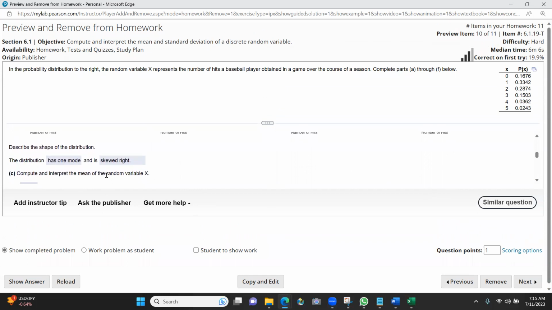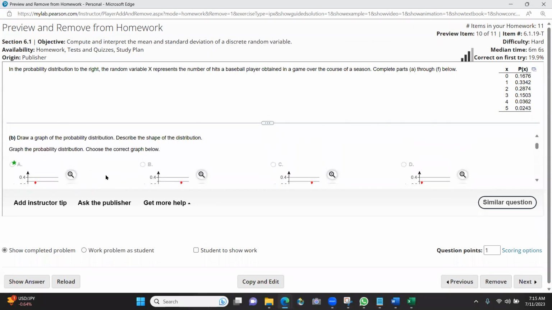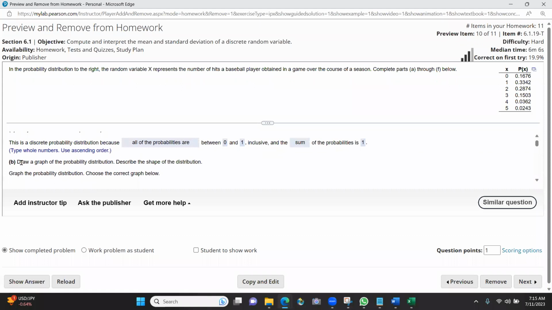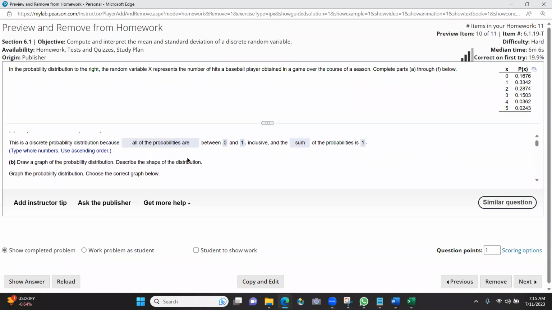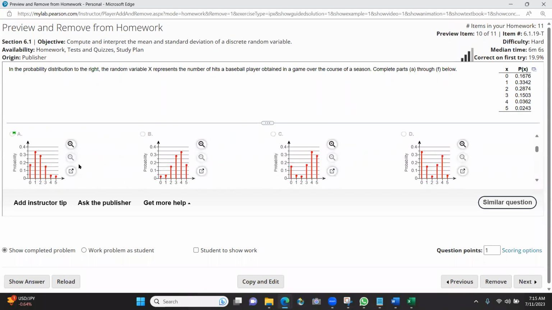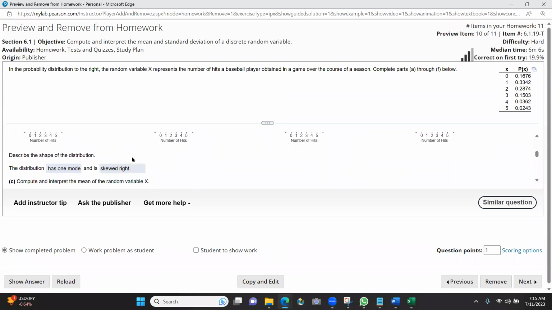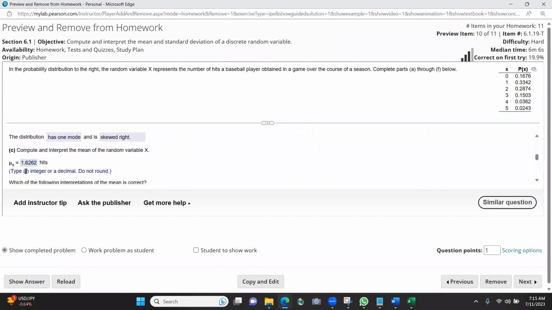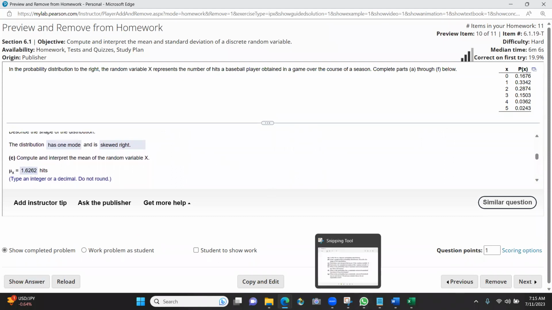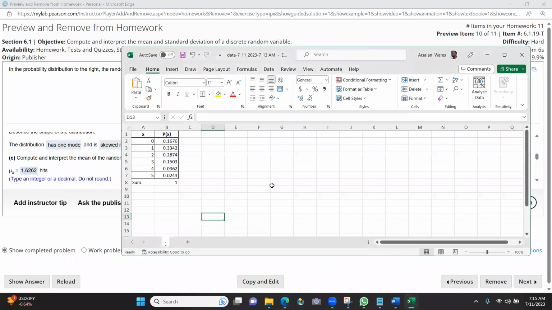What do they want? We did A. Now they're saying verify this probability distribution. We chose the right graph. Next, interpret the mean of the random variable. Let's find the mean. To find the mean, we multiply each data point by its probability and add it up.